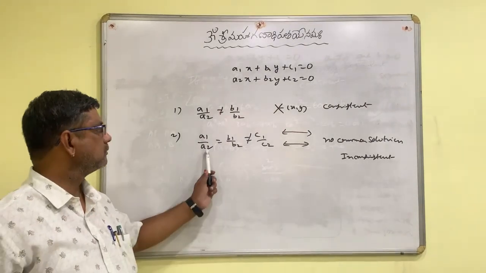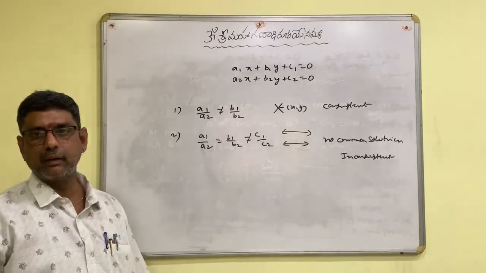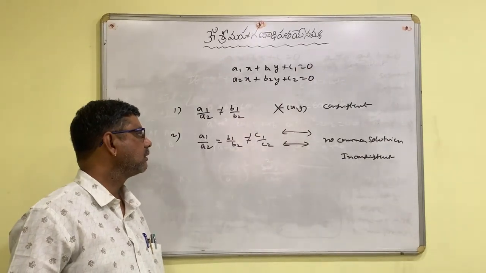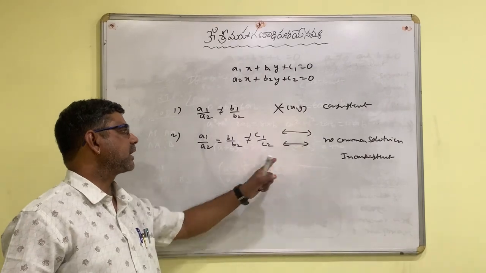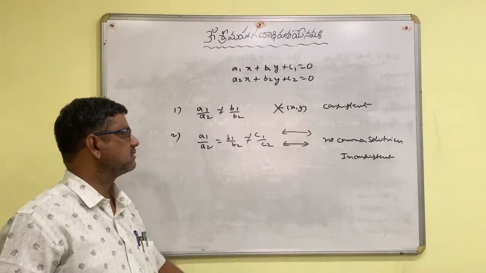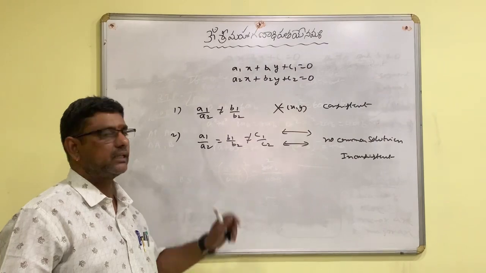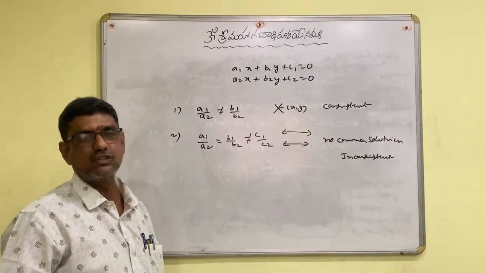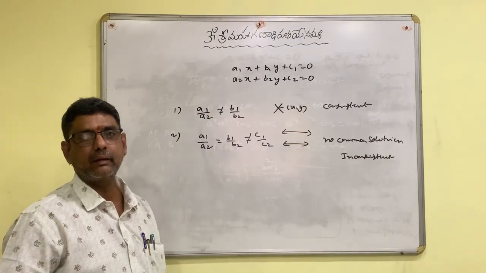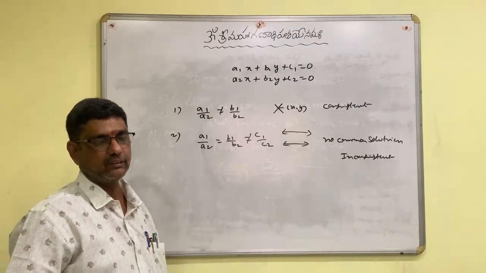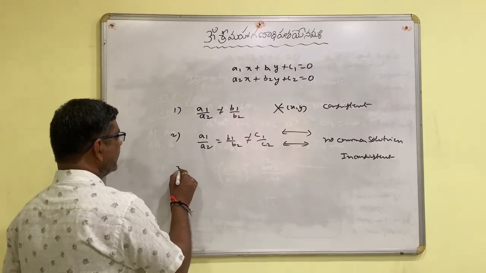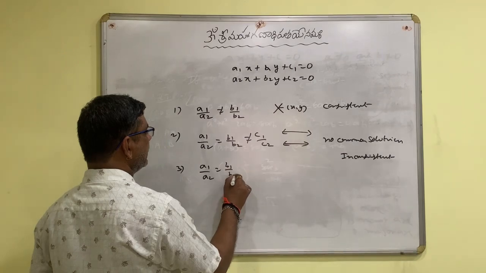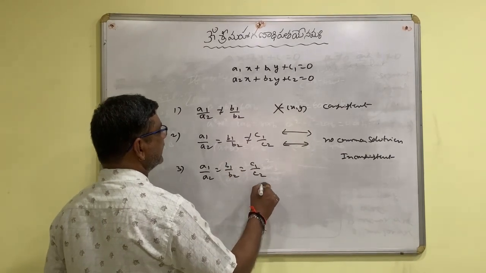A1 by A2 is equal to B1 by B2 but not equal to C1 by C2. So it is an inconsistent pair of equations, because if we draw the graph of those two equations, we get parallel lines. That means no common solution. The third condition is A1 by A2 is equal to B1 by B2 is equal to C1 by C2.